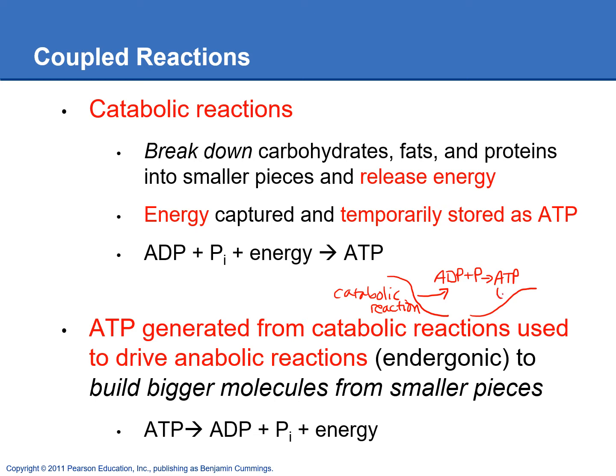Then we'll use the ATP to provide energy maybe at a different time or a different location in the cell to do this anabolic reaction. So maybe we're taking some amino acids and making a protein over here.